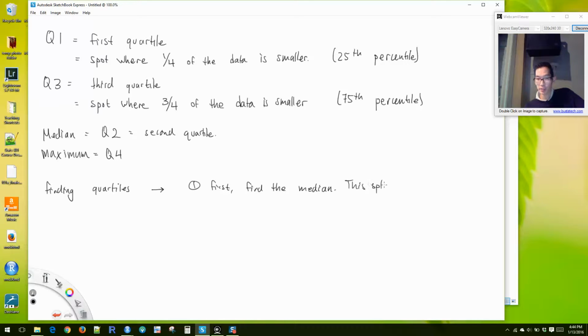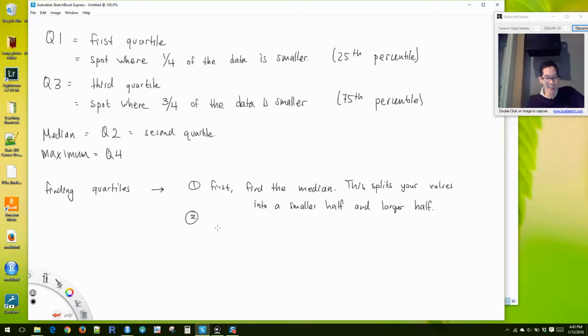This splits your values into a smaller half and larger half, which sounds oxymoronic because halves are supposed to be the same size.